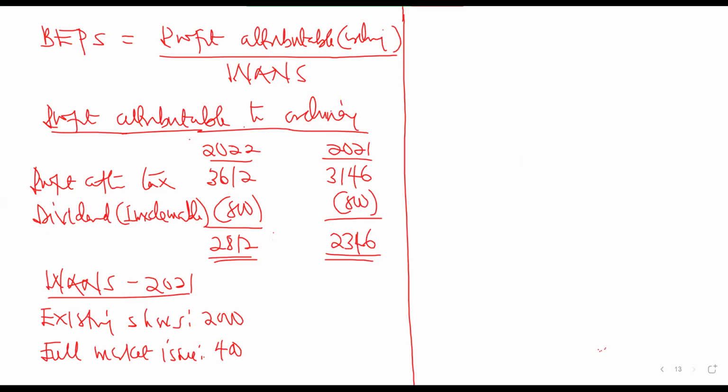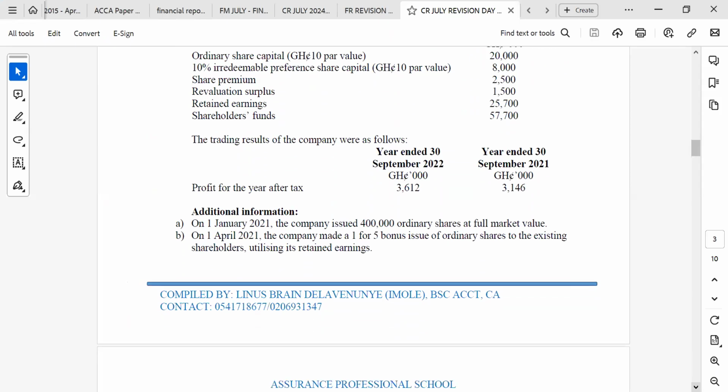But let's look at what is happening here. On 1st April 2021, the company made a 1-for-5 bonus issue of ordinary shares to the existing shareholders utilizing its retained earnings. When are we doing the bonus issue? At the beginning of April.